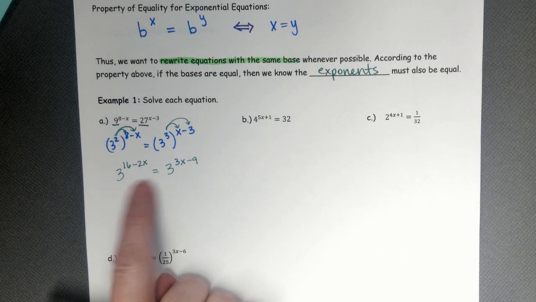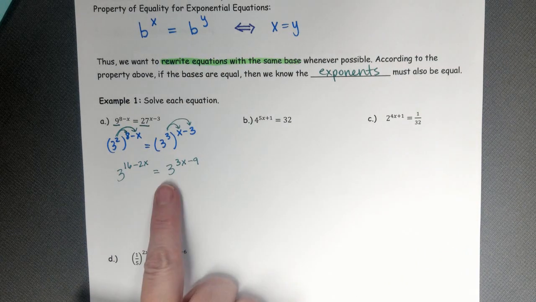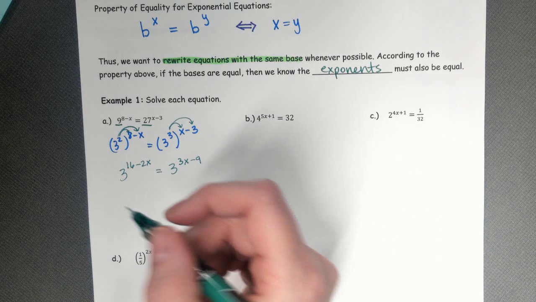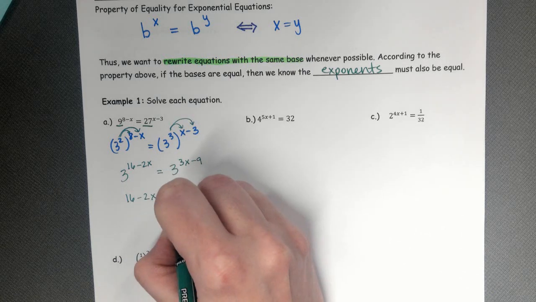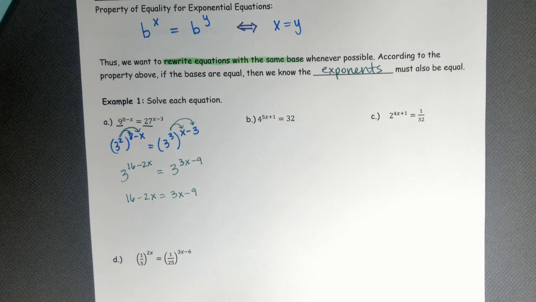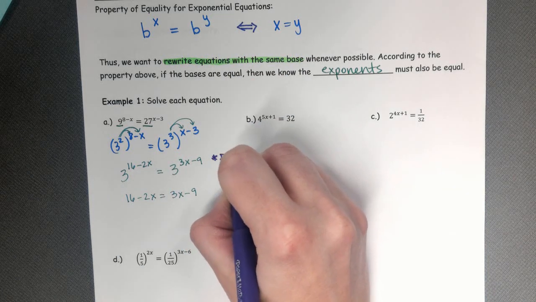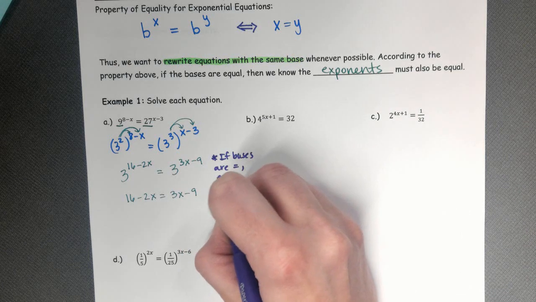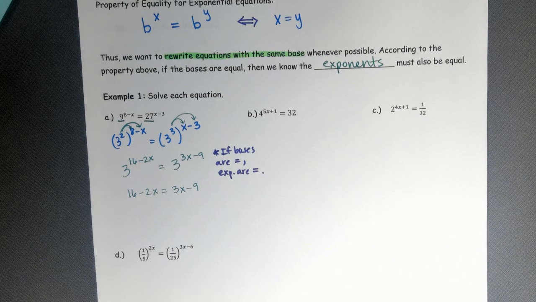Once the bases are the same, you can use this property. If you have the same base of 3, these two exponents have to be equal. So you know that 16 minus 2x has to equal 3x minus 9. That is based on the rule: if the bases are equal, then the exponents are equal.